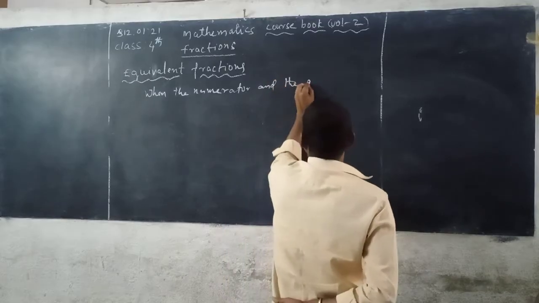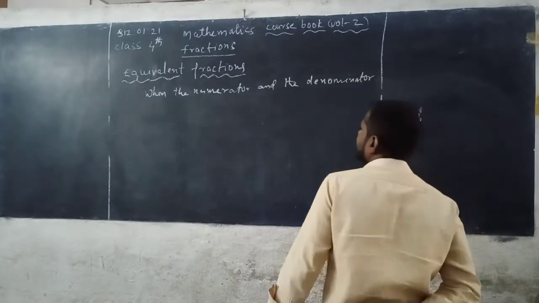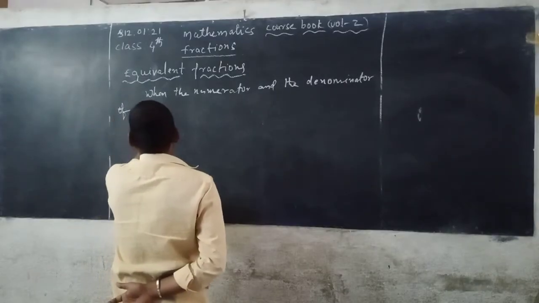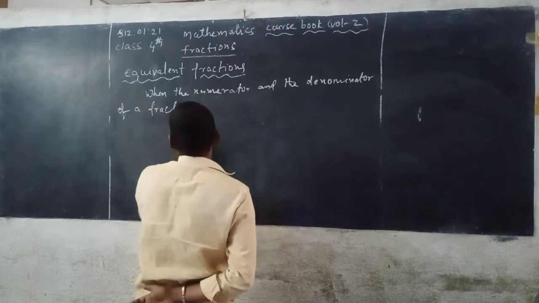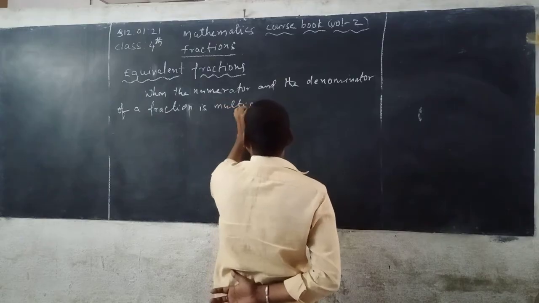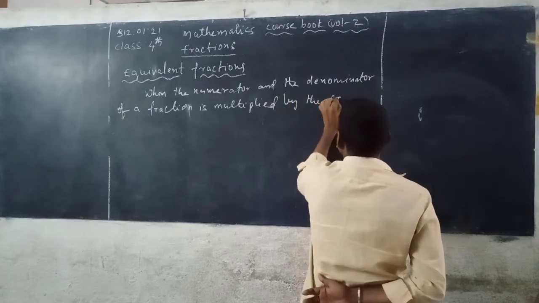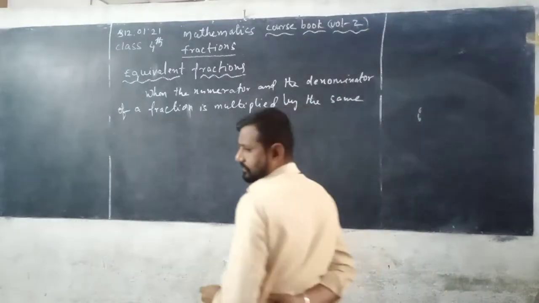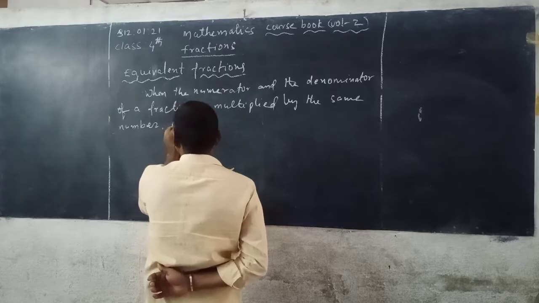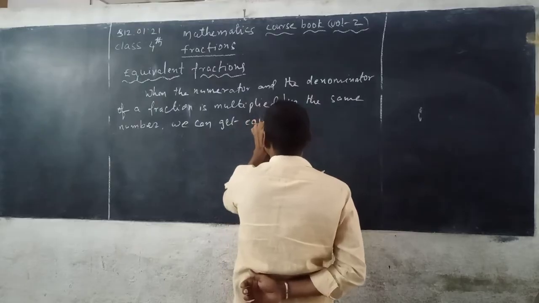See here, when the numerator and the denominator of a fraction are multiplied by the same number, you can get equivalent fractions.